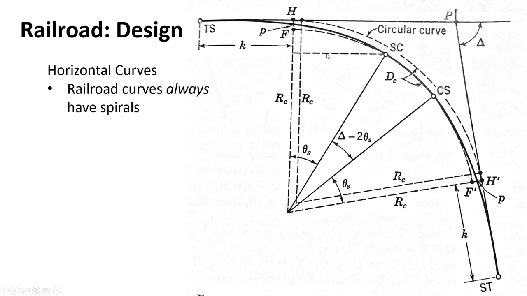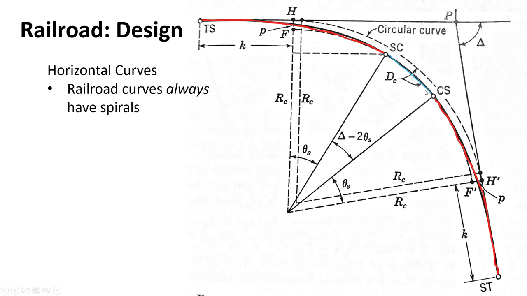That's a little different, but on mainline tracks, you're always going to have spirals either side of the main curve. The spirals are here in the red. So this is tangent to spiral, spiral to curve, and then curve to spiral, and down here spiral to tangent again. That's your ST point. These red portions are spirals. This is your circular arc. So this would be your standard curve.